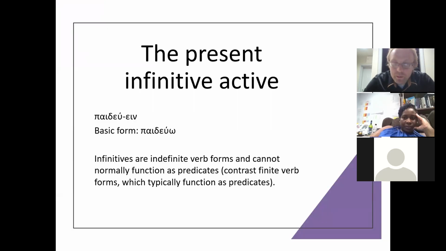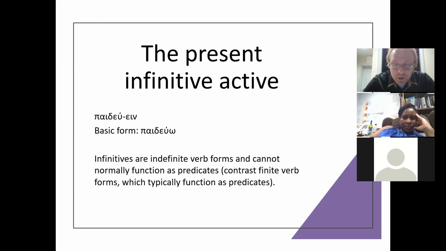Let's begin with the present infinitive active. Taking the usual paideuo as our example, the present infinitive would in this case be paideuein, which translates as to educate. Here, the root is again paideu, as we remember, and the ending marking the verb form as a thematic active present indicative is ein.